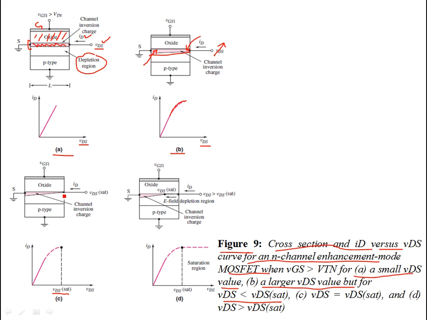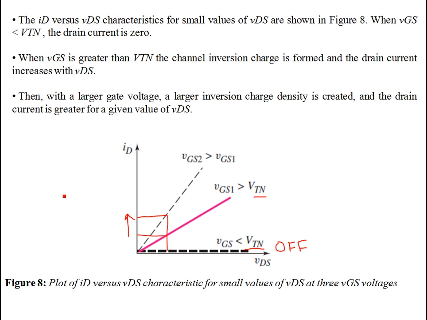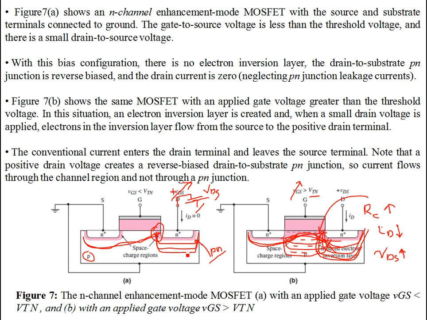you have increased the reverse bias of the PN junction so much that the depletion width nearly pinches off, or nearly produces zero channel width at the drain terminal. So you don't have any channel. The channel is like this.